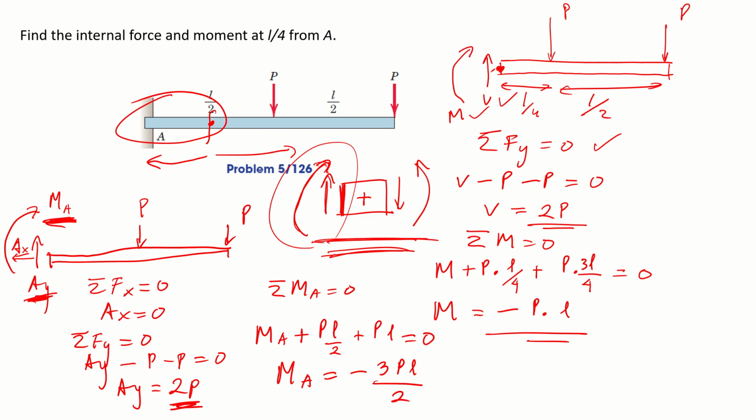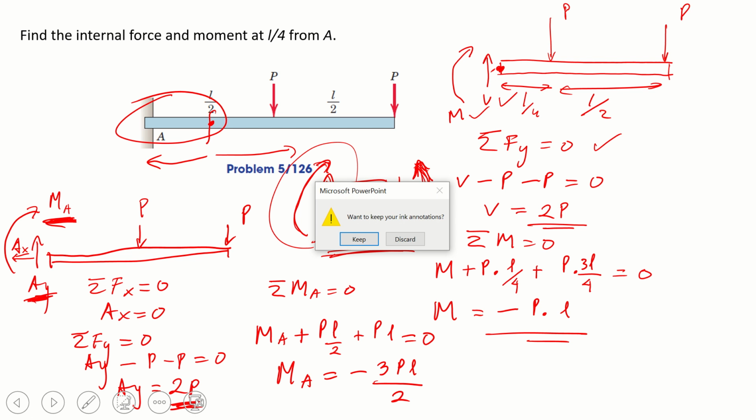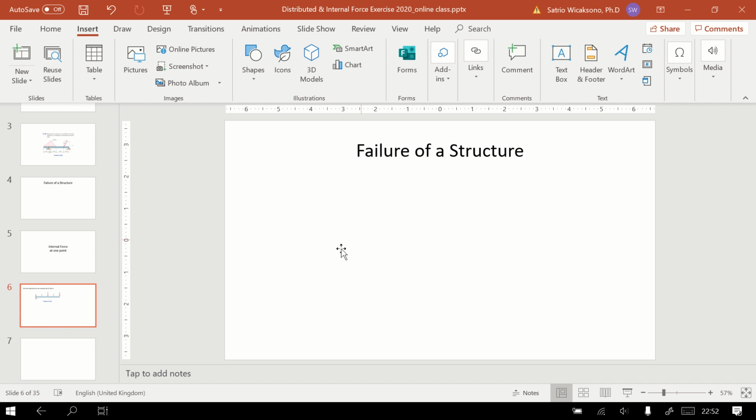And if we take a look at this particular cut and the shear force happening there, we assume it positive if it's going down like this, and the moment is positive when the direction is counterclockwise.